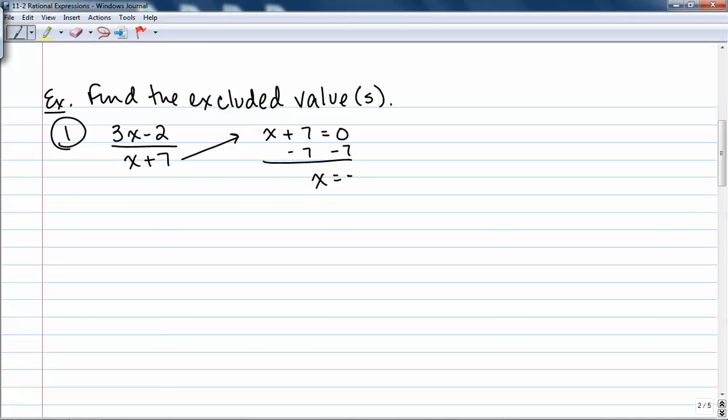So x is equal to negative 7. What this really means is that x cannot be negative 7, because when x is negative 7, the denominator of my fraction is 0, so my excluded value is negative 7.